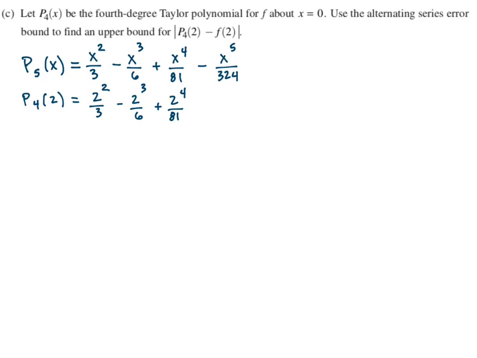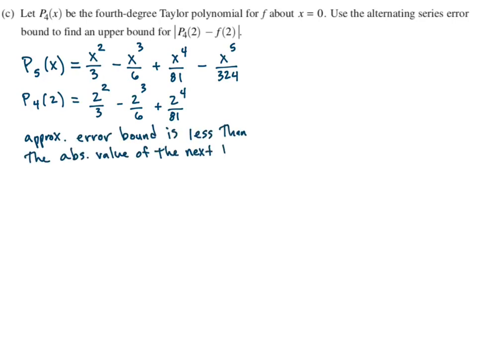So the alternating series error bound test, once again, says the approximation error bound is less than the absolute value of the next term, or the first term that you didn't use. The first term I didn't use is that x to the fifth over 324. It is absolute value, so I'm not worried if it's positive or negative. It doesn't really matter. It's whatever that term happens to be. So I'm just going to plug a 2 into that first unused term.